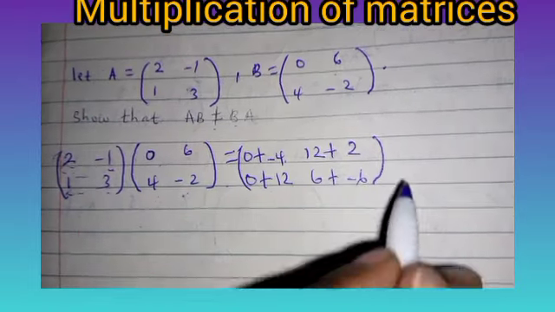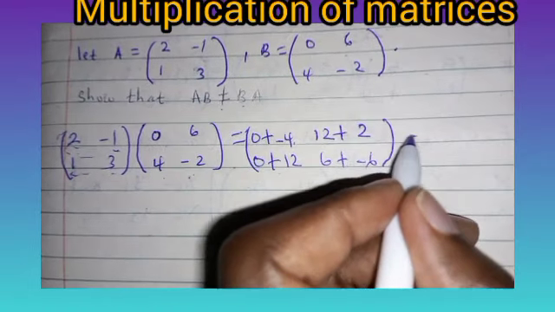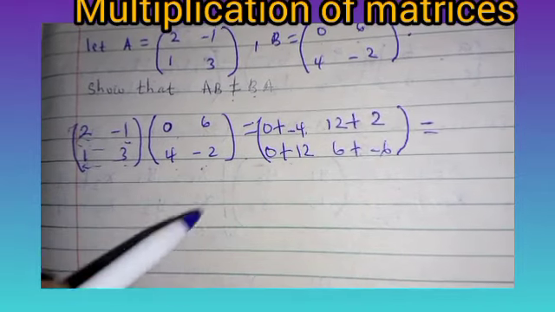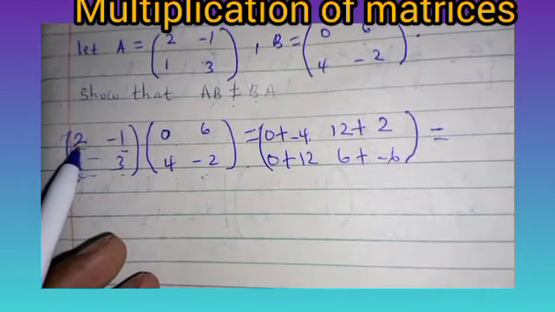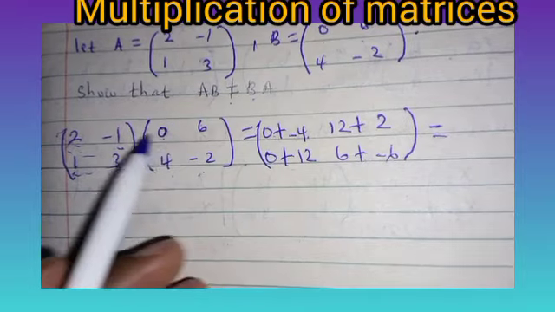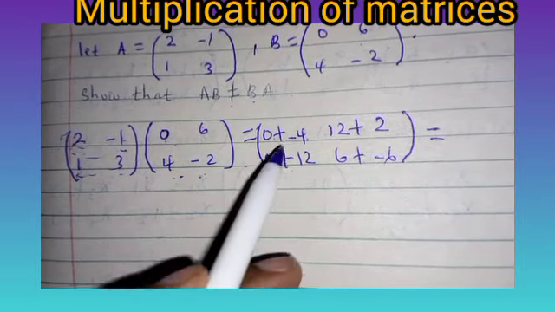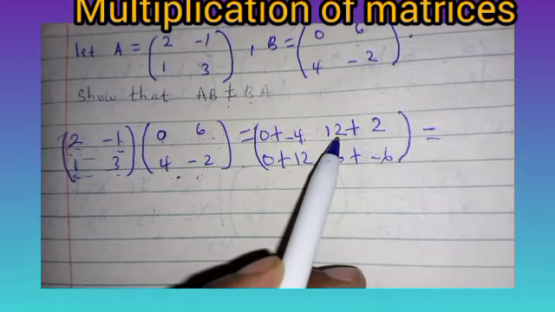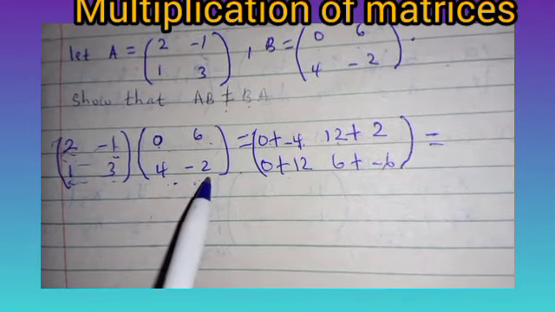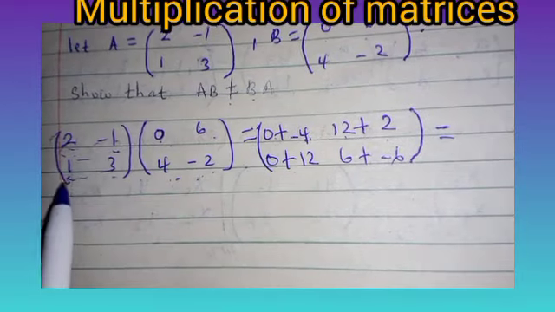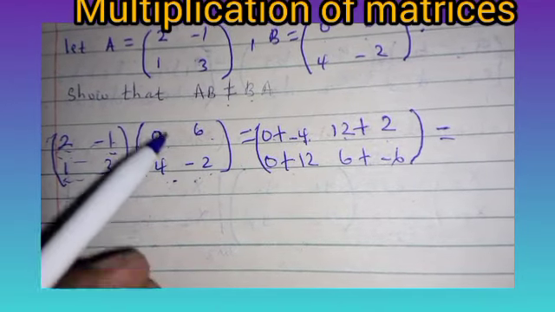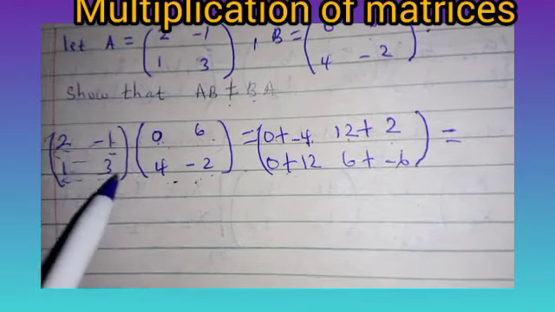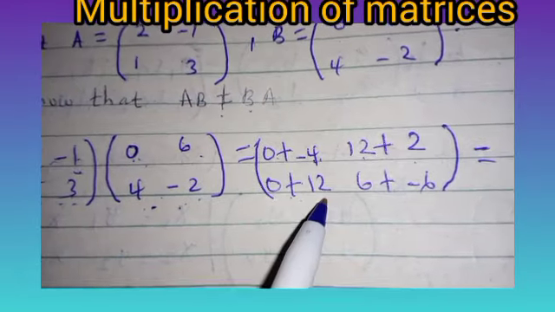So to multiply matrices, it is simple. You multiply the row times the column to get the first element. So we have done here 2 times 0 to get 0, negative 1 times 4 to get negative 4, 2 times 6 to get 12, negative 1 times negative 2 to give you 2, the second row times the first column: 1 times 0 is 0, 3 times 4 is 12.